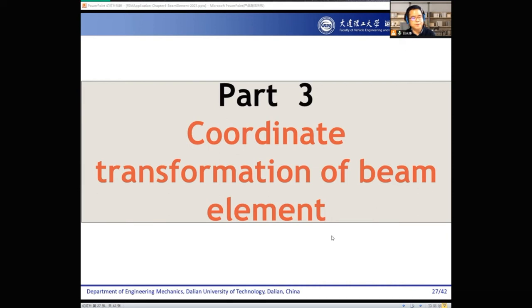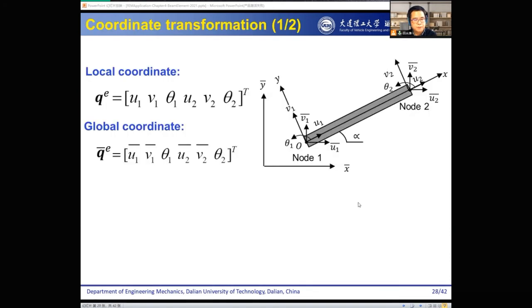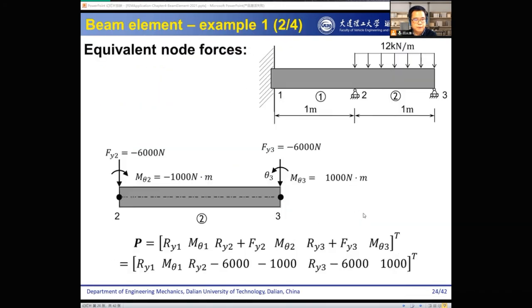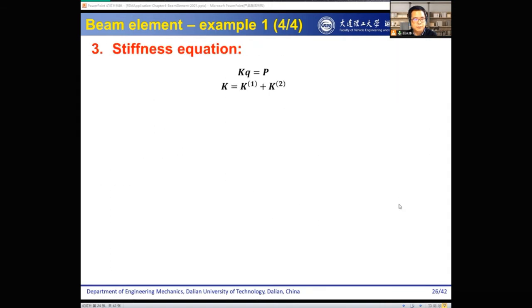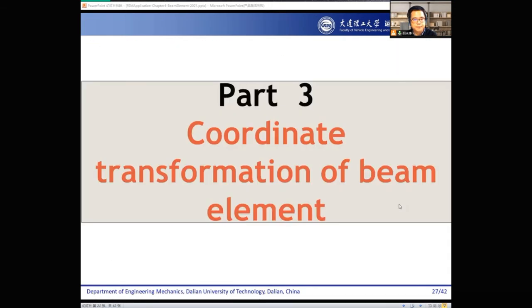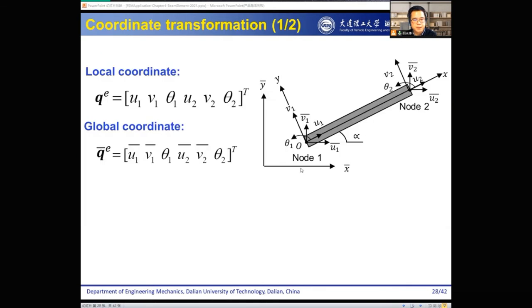Part 3 is the coordinate transformation of beam element. Coordinate transformation is similar to the bar element. Even for the example, we only talked about the condition where the beam is aligned in the x direction. But in real engineering problems, you will have beams not aligned in the x direction.